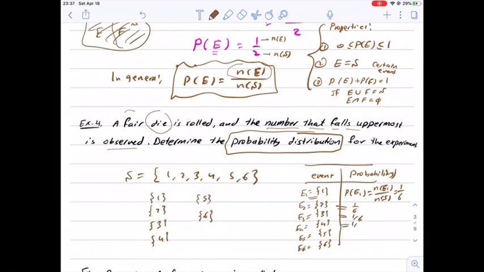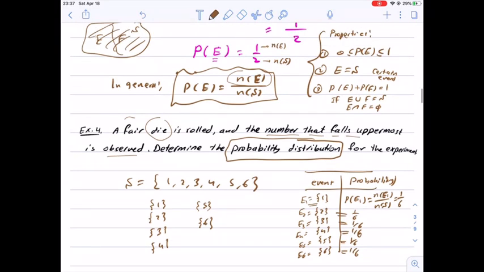And that's correct also for the second one, the third, the fourth, the fifth, and the sixth one. They have an equal chance to occur. So these events are called simple events. Simple events are events that consist of only one element.